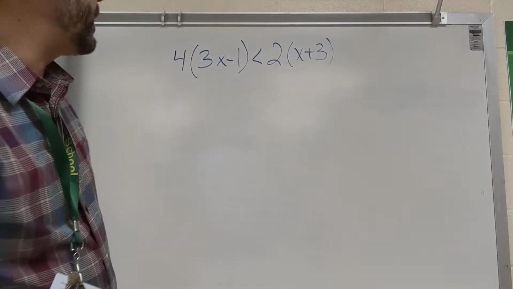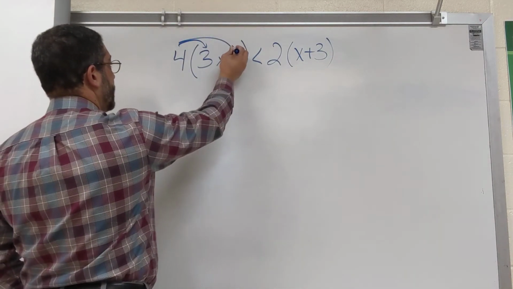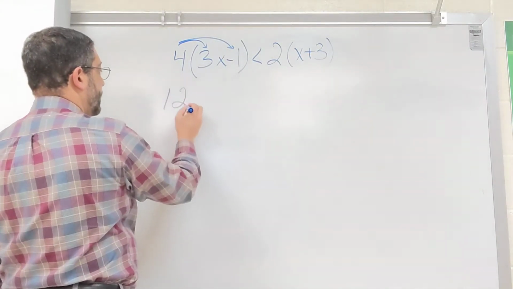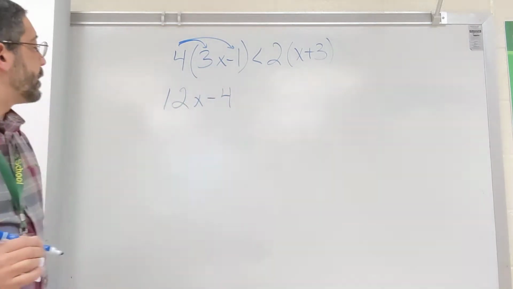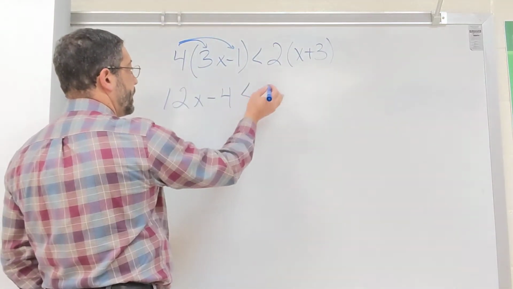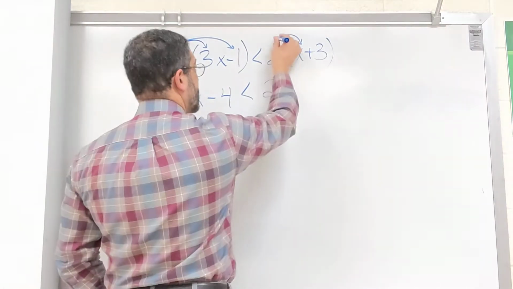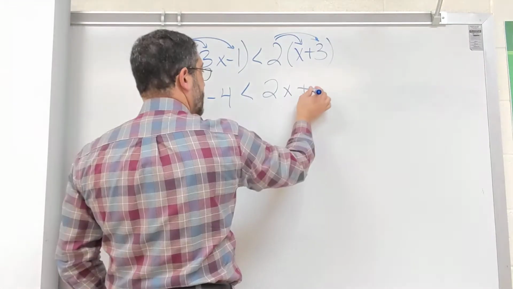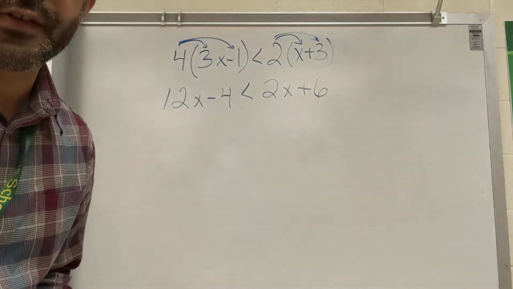And remember, I'm going to treat this just like I would any other equation. The only difference is that there's an inequality symbol there. Okay? So 4 times 3x is going to be 12x minus 4 is less than 2 times x, which is 2x plus 6. Okay? So that's my first step.